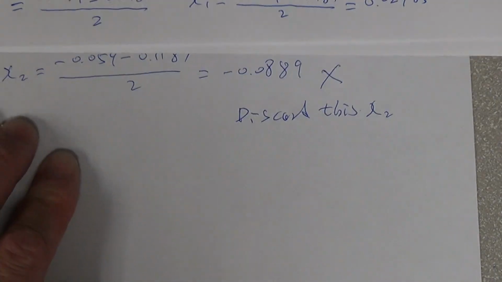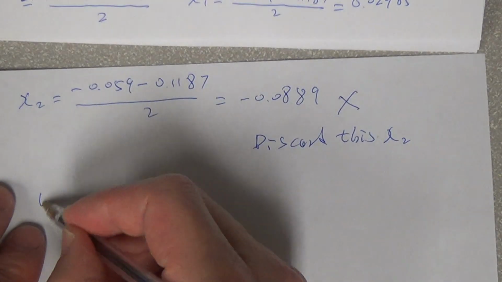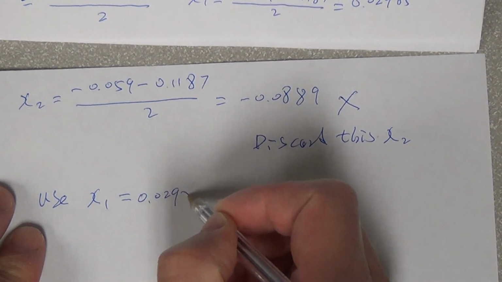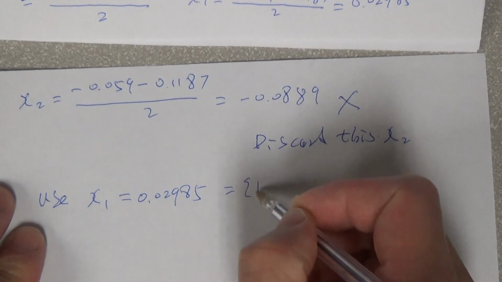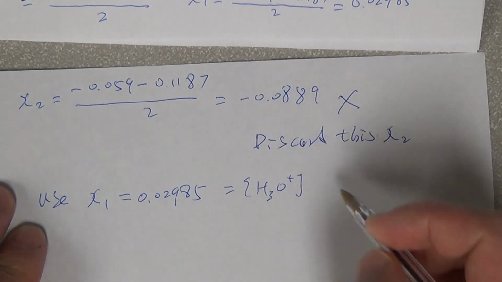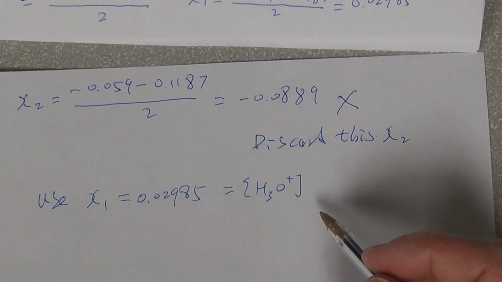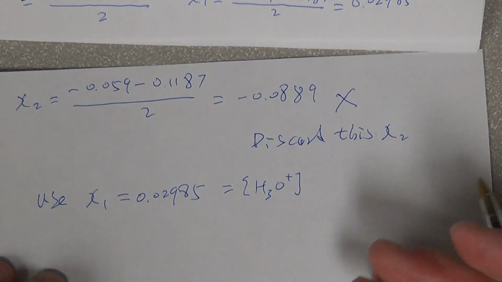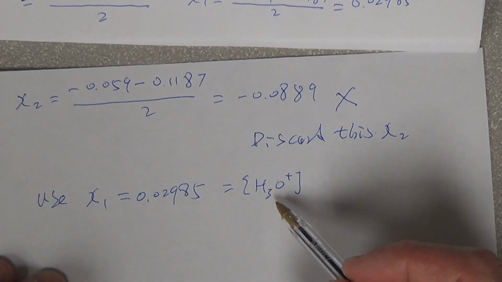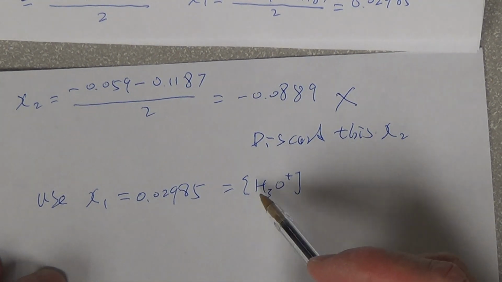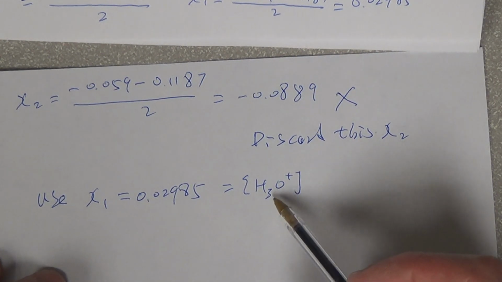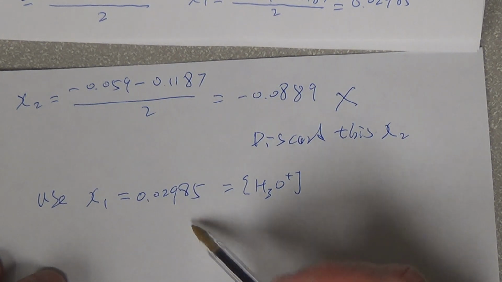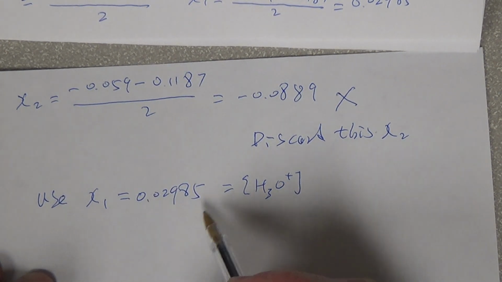So therefore, we'll use x1 equals 0.02985 equals H3O plus concentration, and we said we can only use the first ionization to find the pH because the second ionization does produce more H3O plus, but produces so little compared to this number.